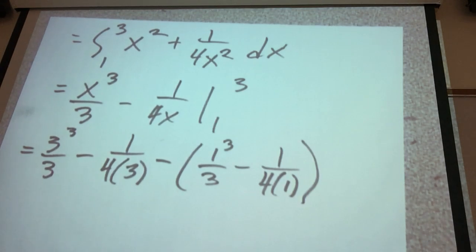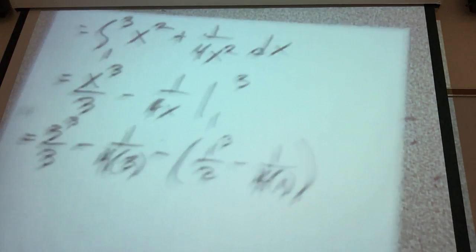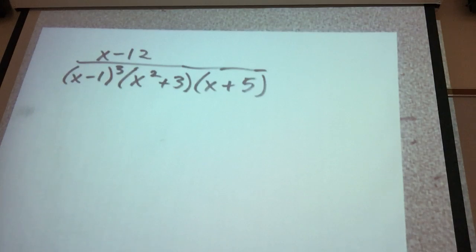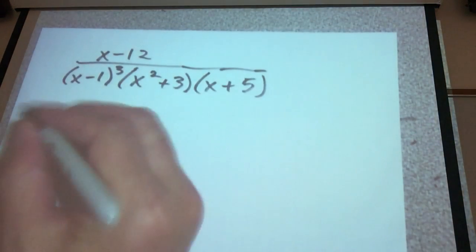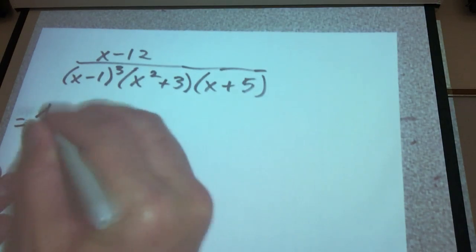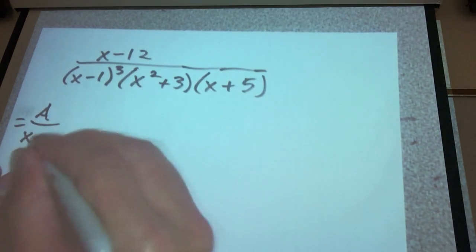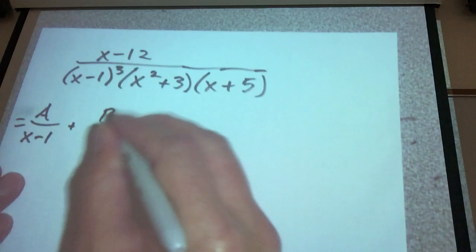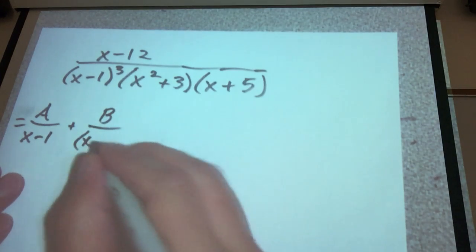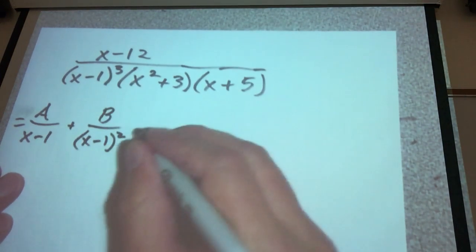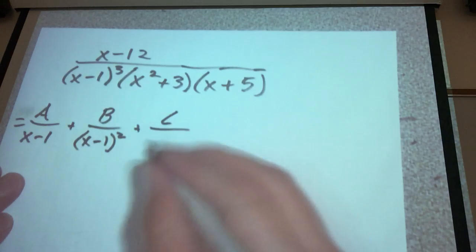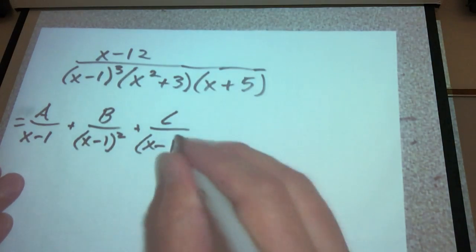The next problem for this video is going to be partial fraction decomposition. And so on this one, you basically just write down the answer, okay? So this is going to be a divided by x minus 1 plus b divided by x minus 1 squared plus now c divided by x minus 1 cubed.